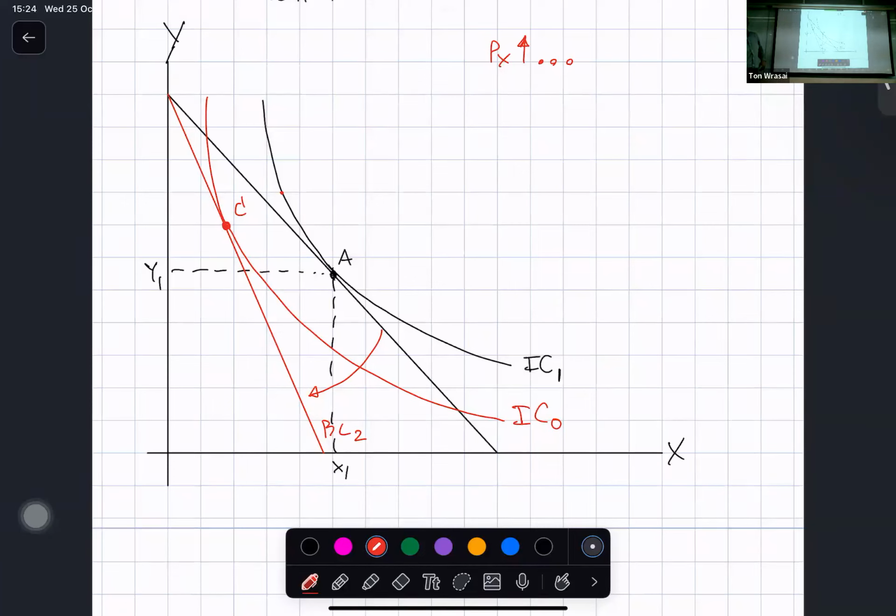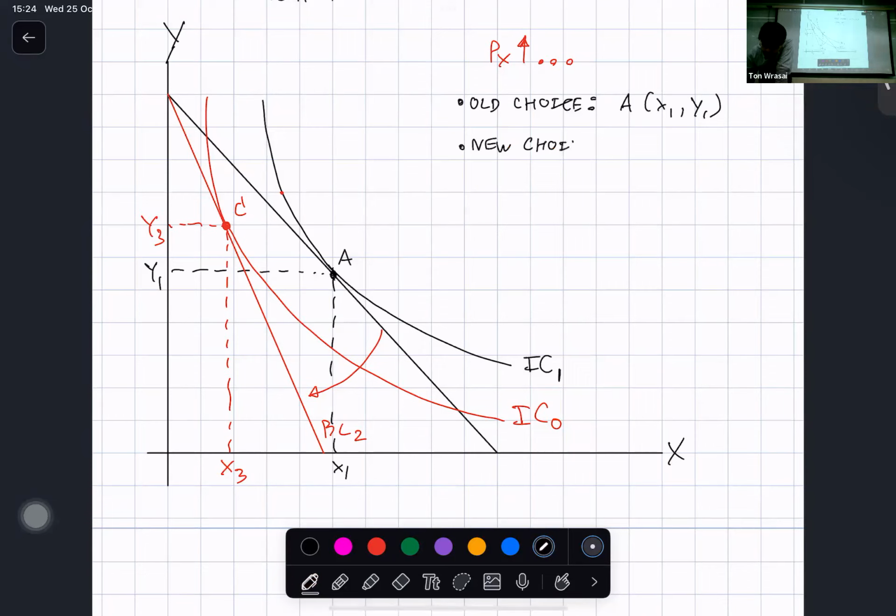Now, the new choice, it's choice C. Okay. We report the old and new choice here.